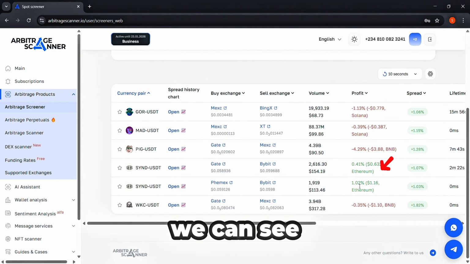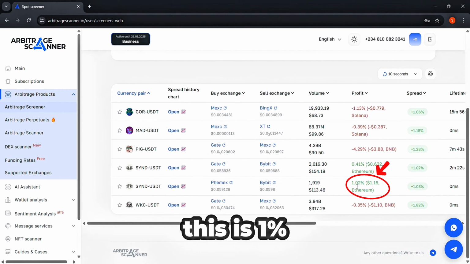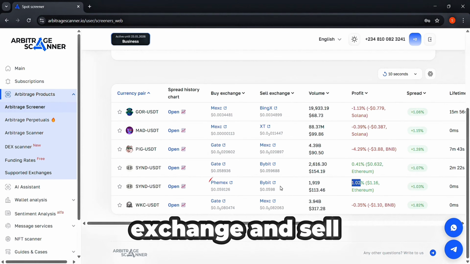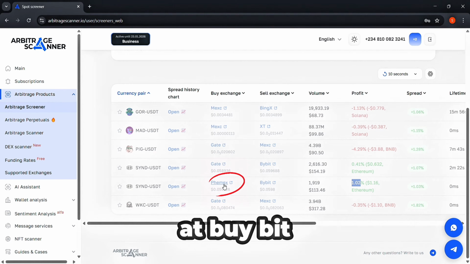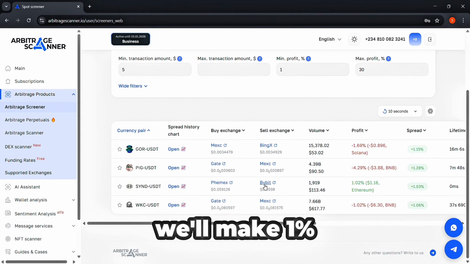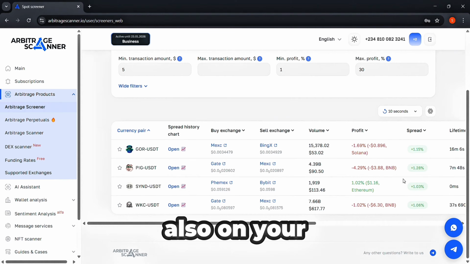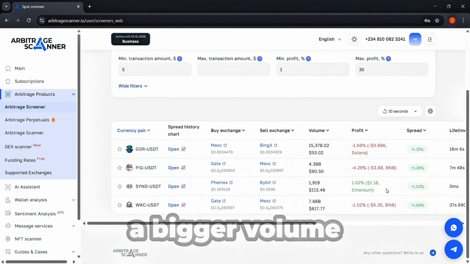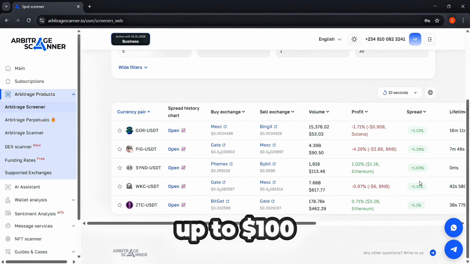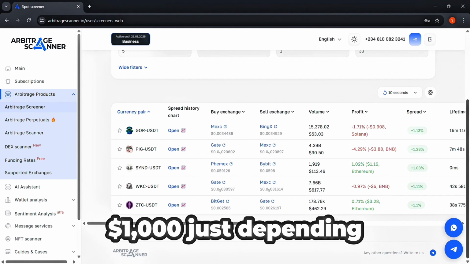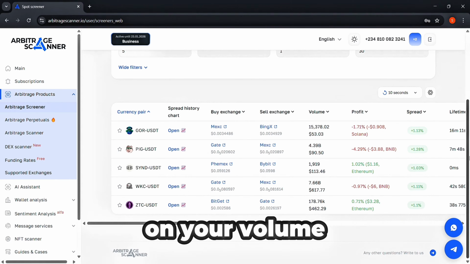Let's say 2%. We can see here this is 1%, meaning if we buy at this exchange and sell at Bybit, we will make 1% on Ethereum. And it depends also on your volume. This 1% on a bigger volume might make up to $100, $200, $1,000, just depending on your volume.